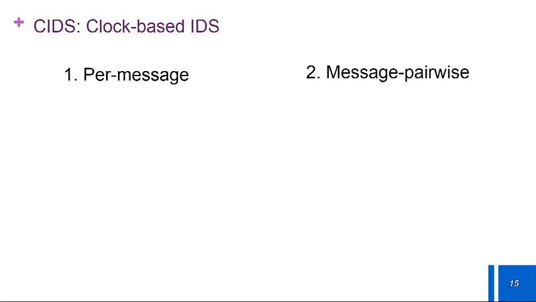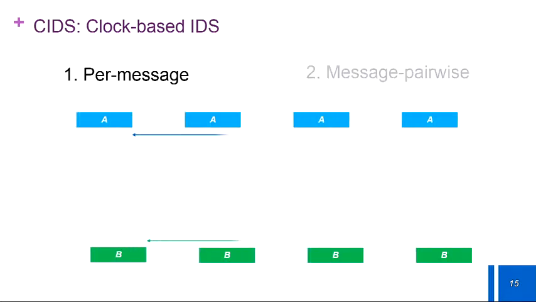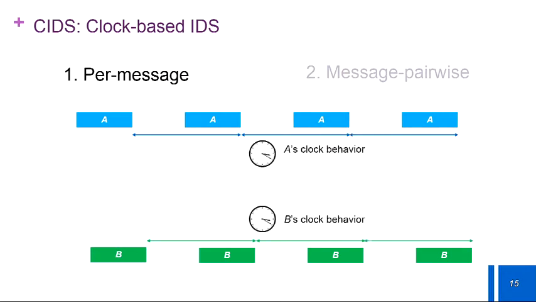With this linear model, we detected intrusion in two different ways: per message detection and message pairwise detection. Per message detection just looks at a per-message basis. We look at one message, extract this clock behavior, and use that as a reference for detecting malicious messages.